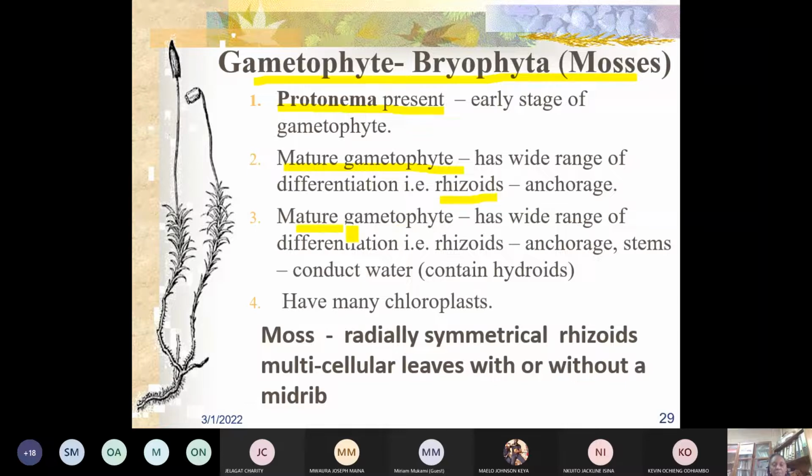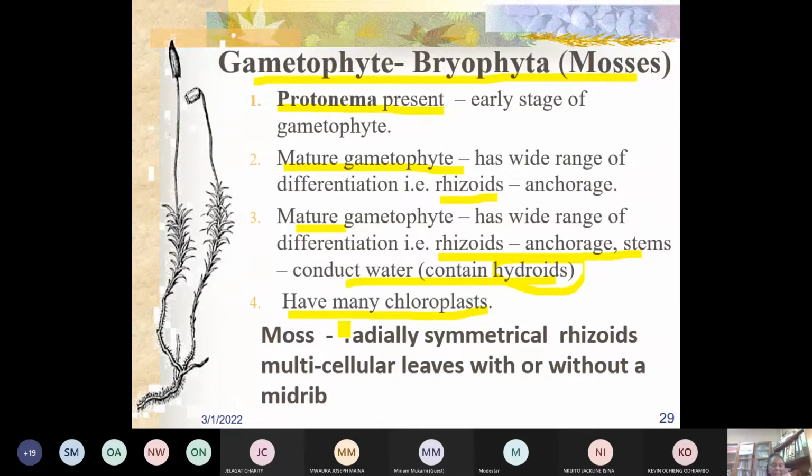We also have rhizoids for water collection. So they are able to conduct water because they have certain new structures that we are calling the hydroids. So they are hydroids, they can pick up water and transport it through the whole body. And then there are many chloroplasts. So the gametophyte can actually undergo photosynthesis.